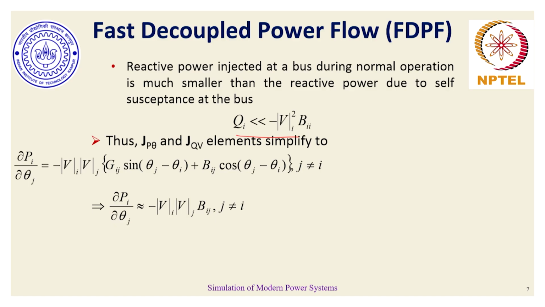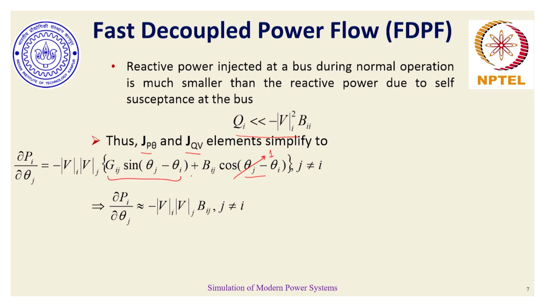And using these approximations, they tried to see whether J_P-theta and J_QV can be made independent of dependency on both voltage magnitude and phase angle. If we bring in those approximations, the cosine of this phase angle can be approximated as 1.